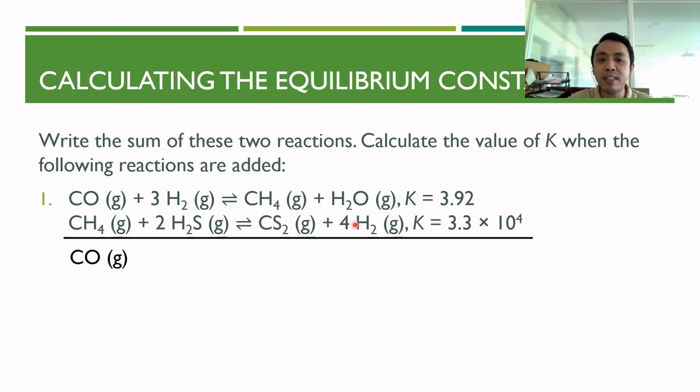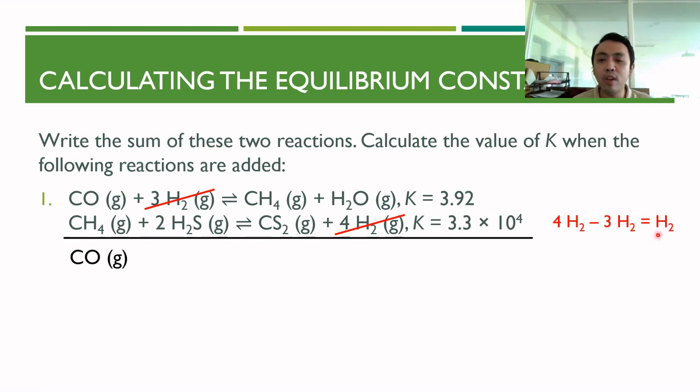Since H2 is present as a reactant in one reaction and a product in the second reaction, the H2s here will cancel out. However, the cancelling out will not be complete since their coefficients are unequal. So to be able to find out how much H2 will be left after we cancel the H2, we simply subtract the larger value, that's 4H2, minus the smaller value, which is 3H2.